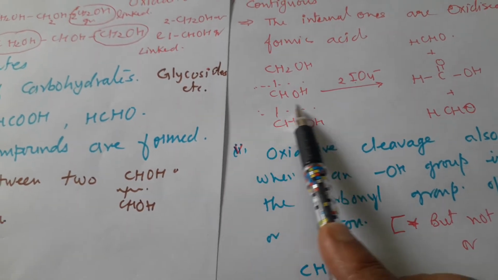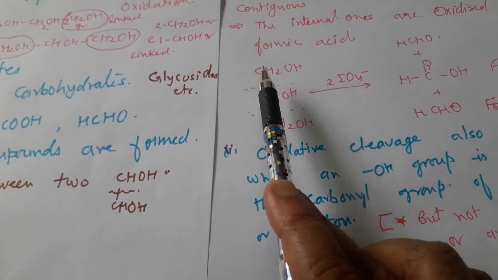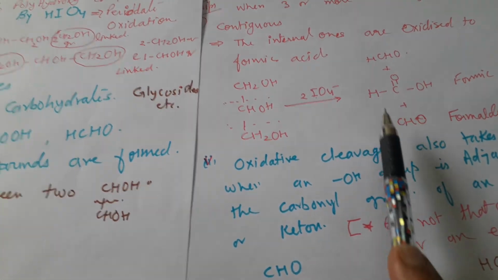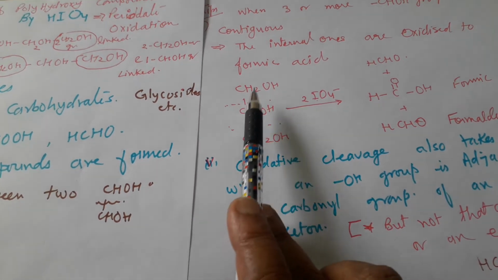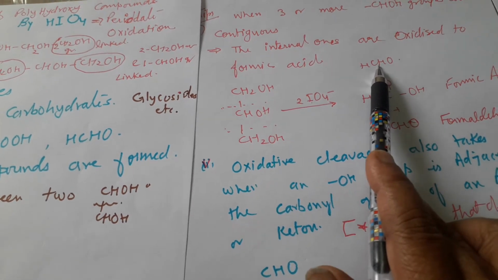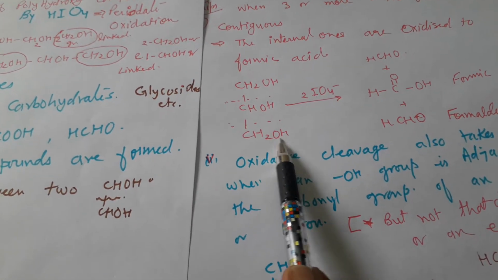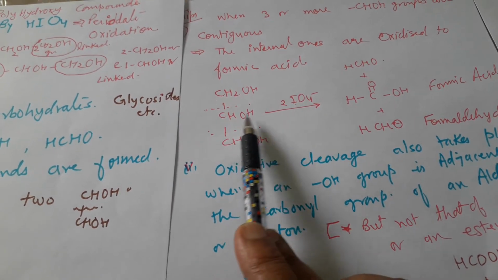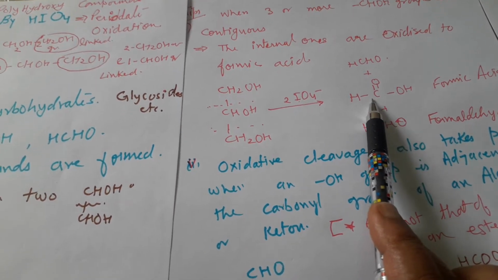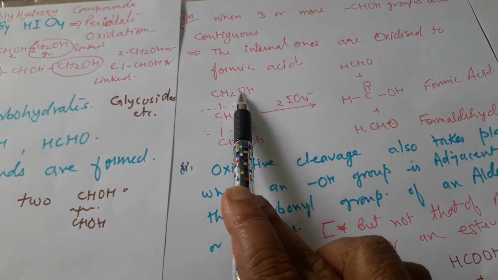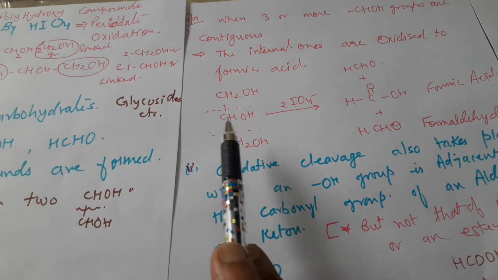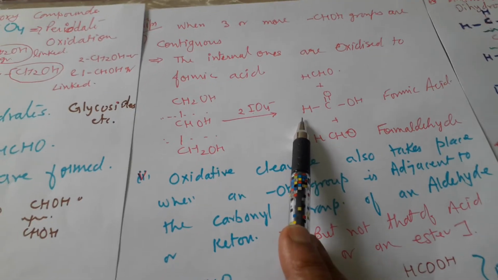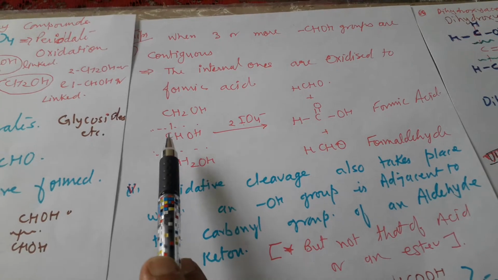So the internal one is oxidized to formic acid, and the terminal CH2OH groupings are converted into formaldehyde. Clear? So this is oxidized into formaldehyde, this into formaldehyde, and this into formic acid. So how many moles of HIO4 would be required here?